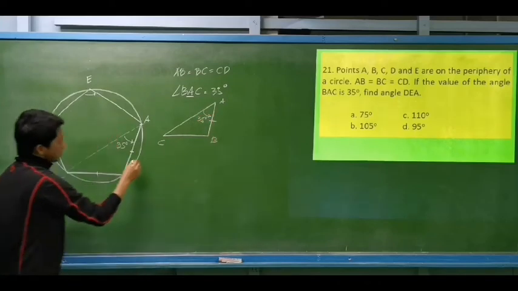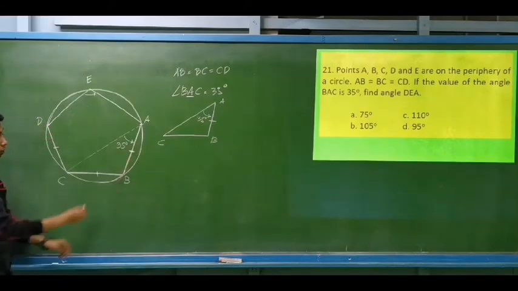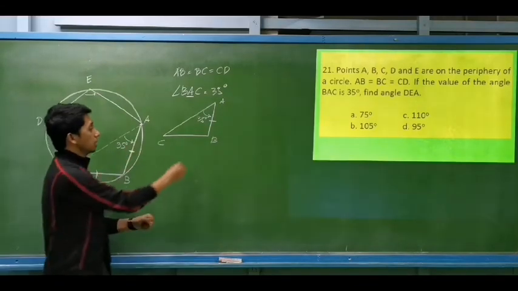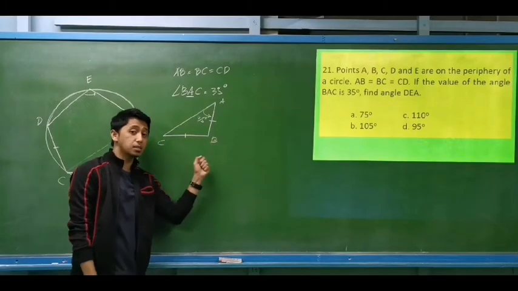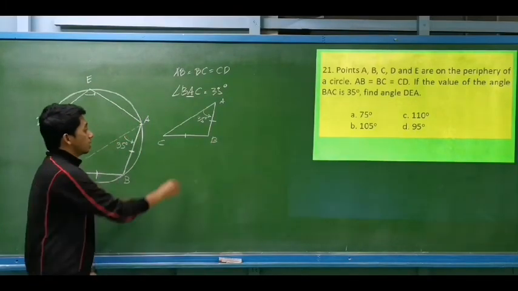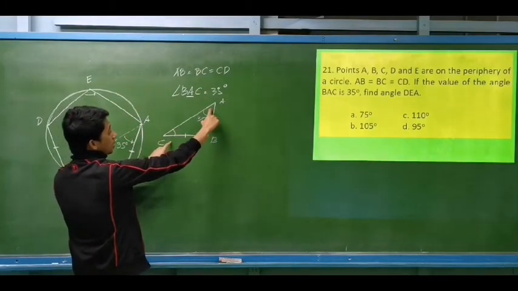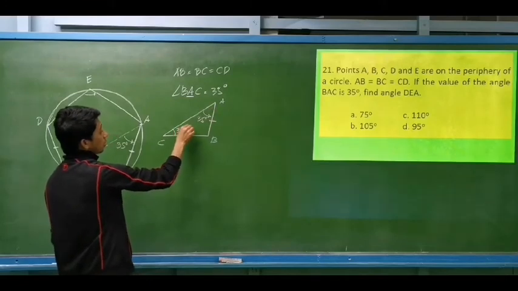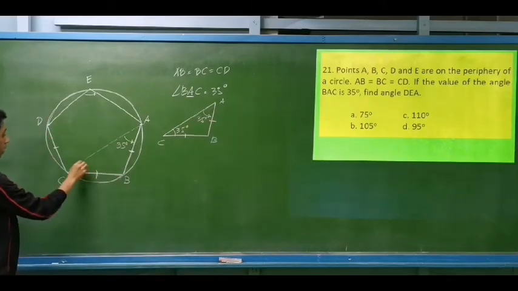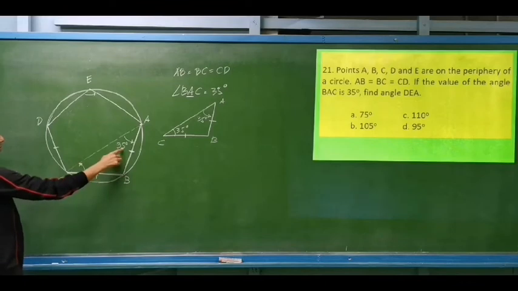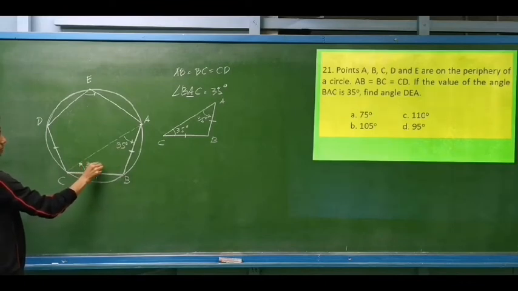Pero di ba si AB equal kay BC. Anong klaseng triangle ito? This is an isosceles triangle. Kapag isosceles triangle, opposite yung dalawang angle na to na opposite, they are equal.